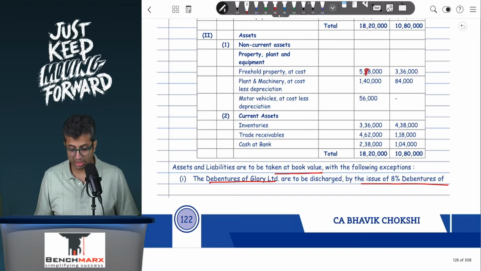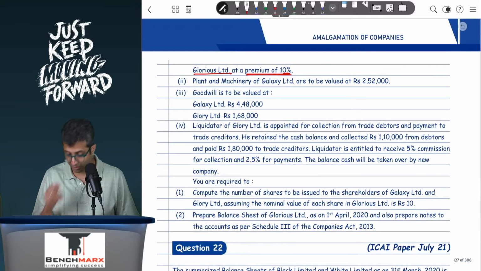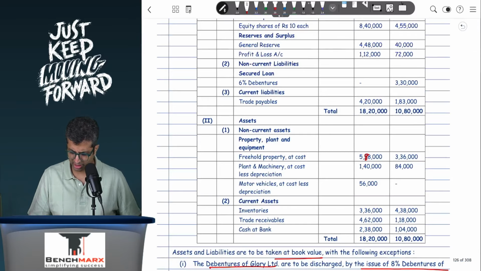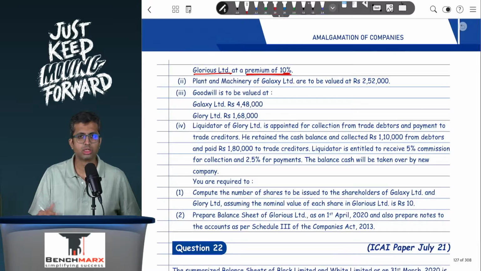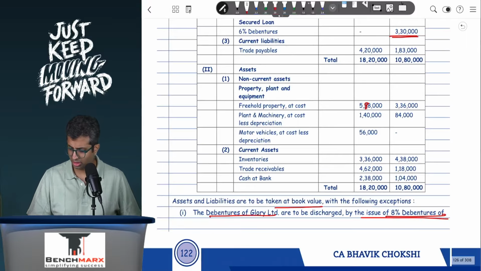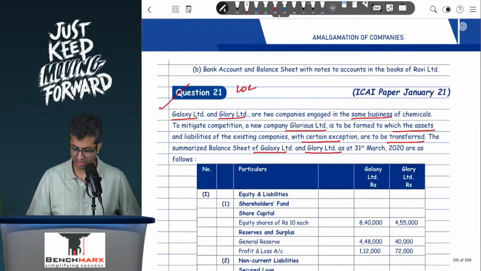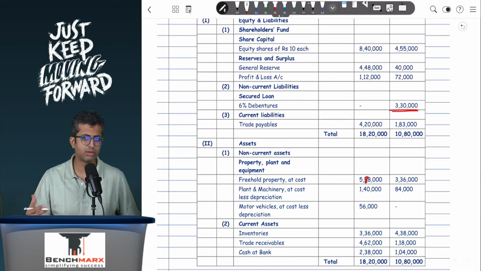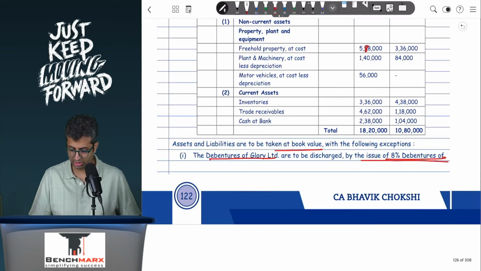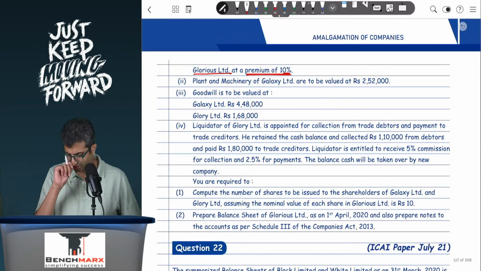One is that the debentures of Glory, which are worth 3,30,000, are discharged by debentures of Glorious at an issue price of 110, so 330 plus premium of 10%, 3,63,000, and that is discharged by the debentures at par value. So this is one ambiguity over here. I'll tell you what I believe should be the answer and what the institute has done.